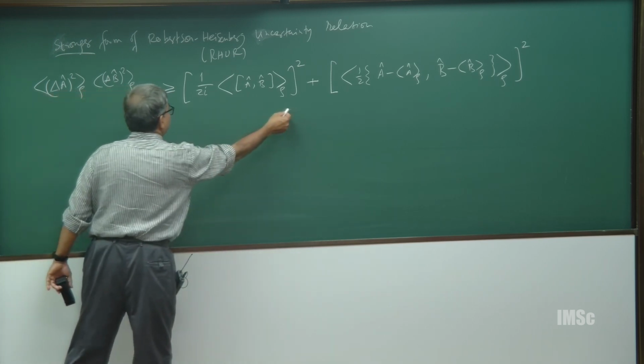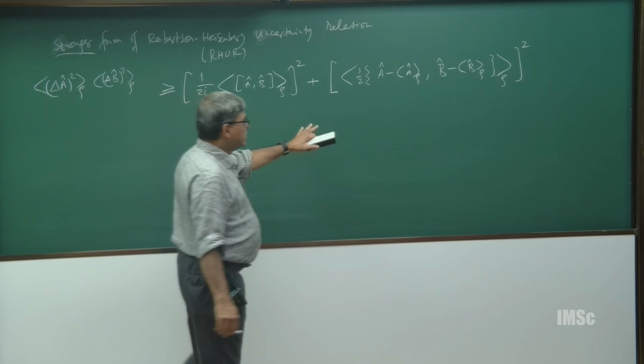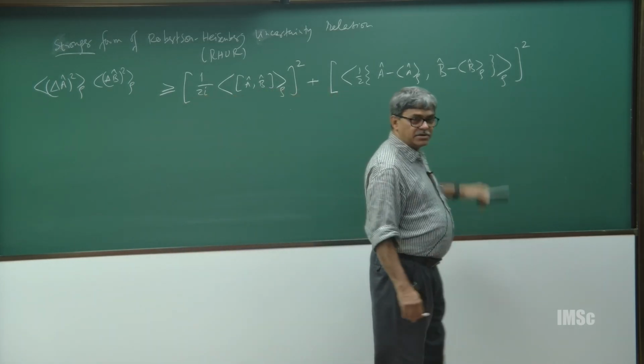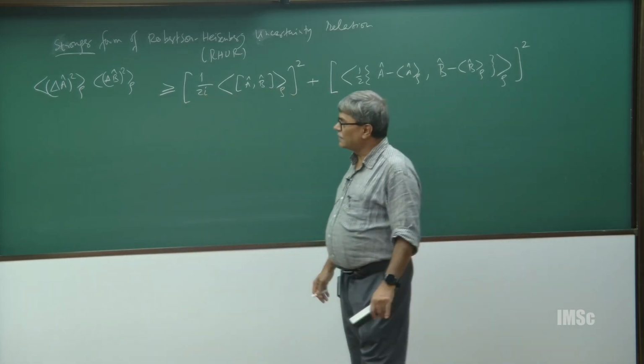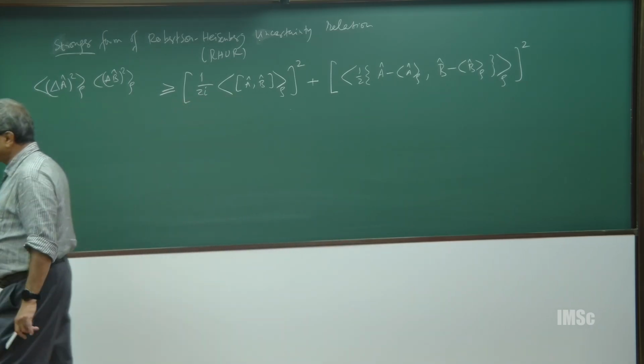Up to this part is the usual Robertson Heisenberg uncertainty, and if you have this term also, then this is called the Schrodinger term, and this is the stronger version of the Robertson Heisenberg uncertainty relation. Okay.